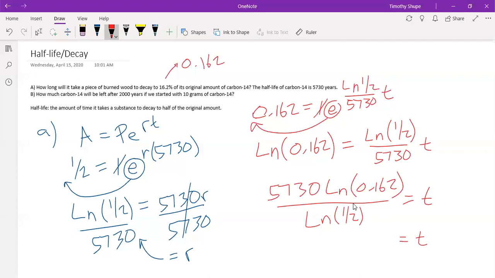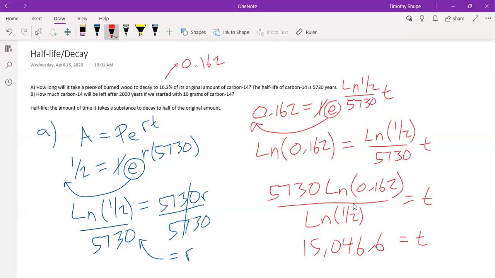So 5730 times the natural log of 0.162 divided by the natural log of 1/2 ends up giving me 15,046 years, or 46.6. So I could either say 46.6, or I could round that up to 47 years.